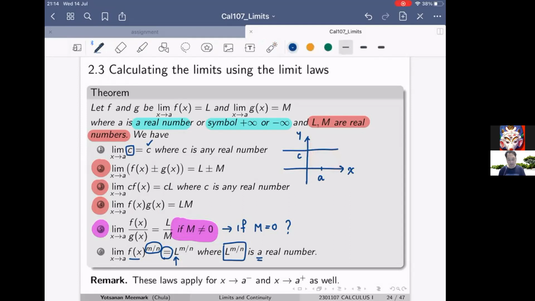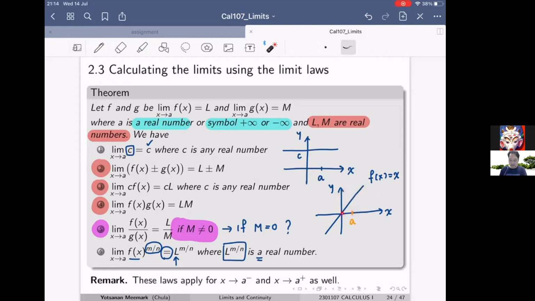So by the same token, actually we can have, let's say, number 1.5, okay, that if you talk about y equals x, or f(x) equals x, which is the straight line that makes 45 degrees with the x-axis from the positive x-axis, right? Okay, this one. And if you're talking about any number a here, okay, it means that as you go from the right, it will get close to this function value.